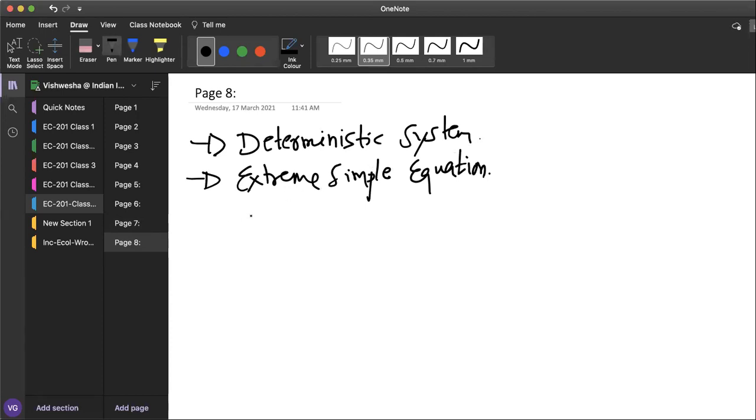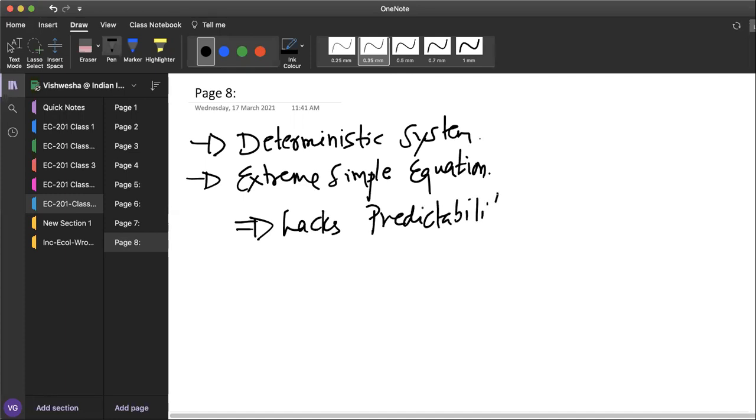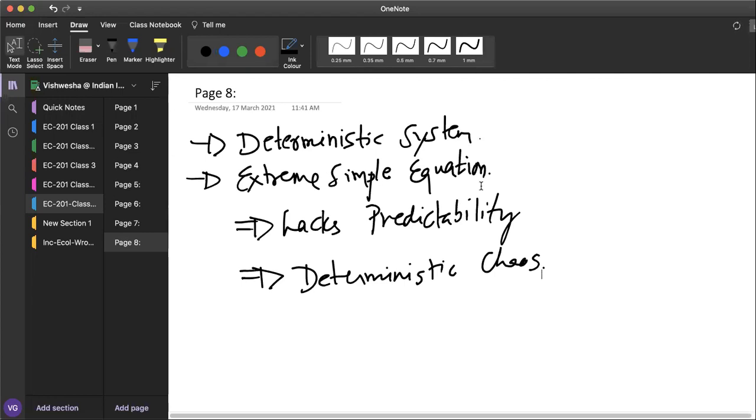And despite these two, what we find is that the system lacks predictability, and this phenomenon is also called deterministic chaos. Okay, so we use the word chaos very loosely. The word chaos basically means that small differences in the initial conditions can lead to exponential divergence in the trajectories, and therefore even extremely simple systems are very difficult to use for making predictions.